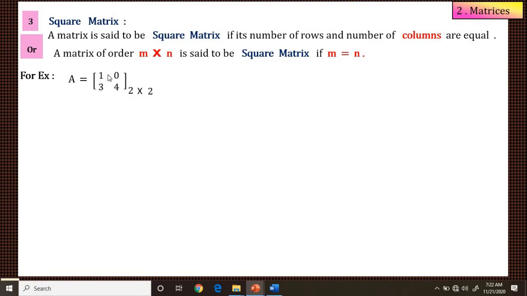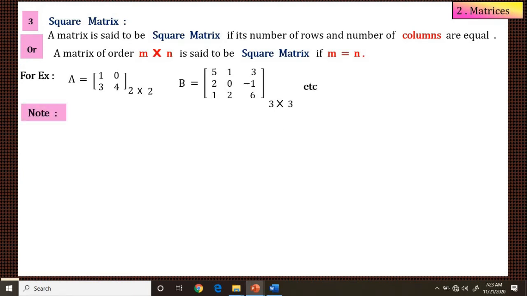Therefore this matrix is called a square matrix. Let me take another example. B is equal to matrix 5 1 3 2 0 minus 1 1 2 6. In this matrix there are 3 rows and 3 columns. Therefore the order of this matrix is 3 cross 3.